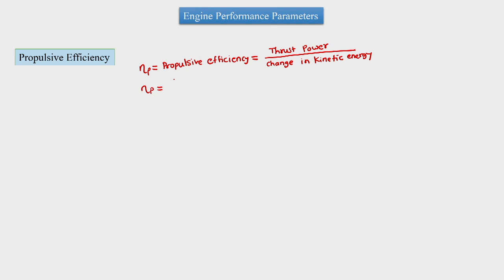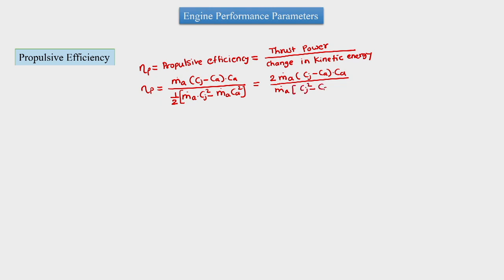Looking at the figure, m dot A into (Cj minus Ca) into Ca was the thrust power, and the change in kinetic energy between outlet and inlet was m dot A into (Cj square minus Ca square) divided by 2. So we have m dot A into (Cj minus Ca) into Ca in the numerator, and m dot A is taken common in the denominator, giving Cj square minus Ca square.